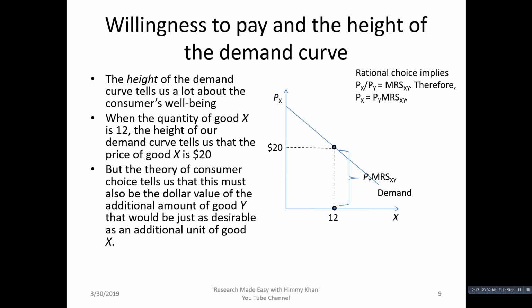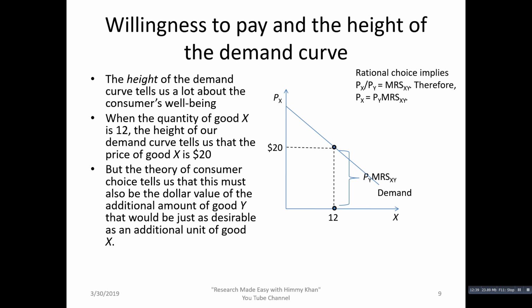Now, the height of the demand curve in this diagram tells us a lot about the consumer's well-being. When the quantity of good X is 12, the height of our demand curve tells us that the price of the good is equal to $20.